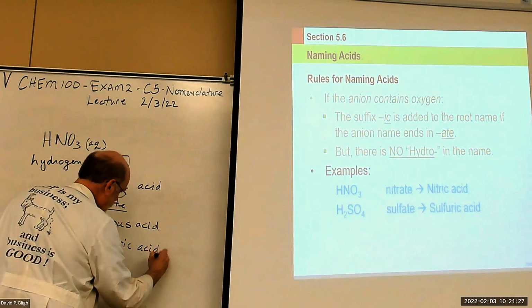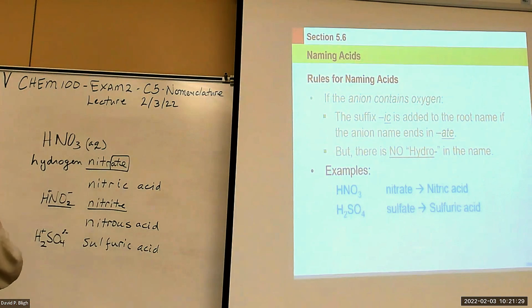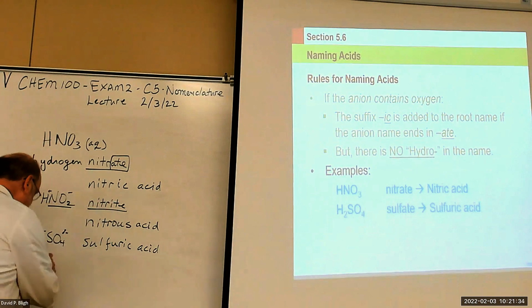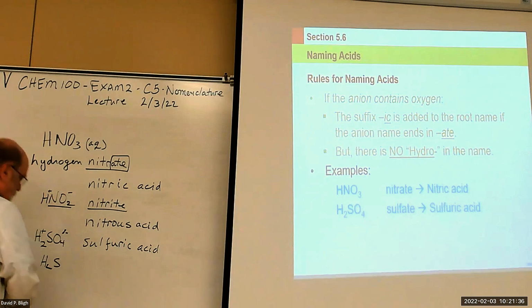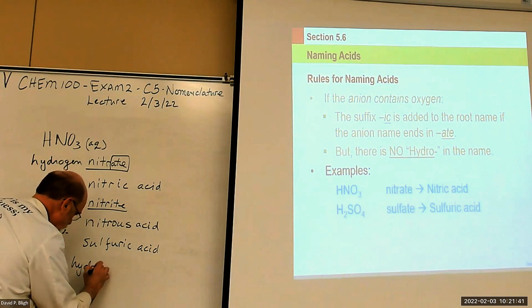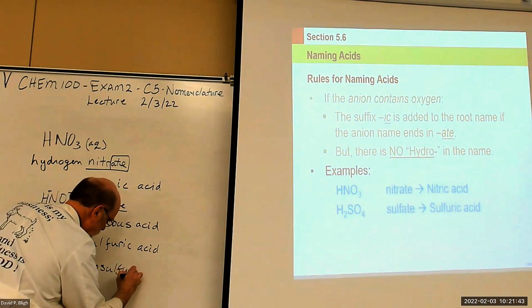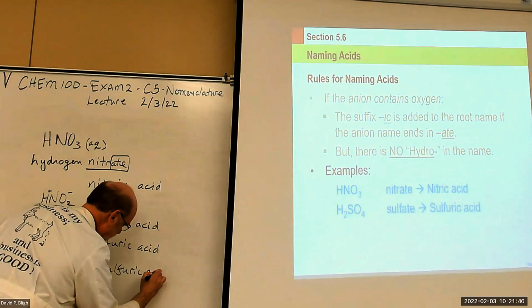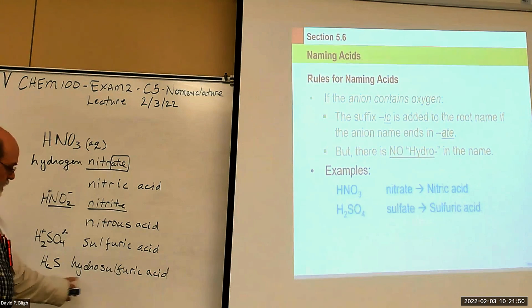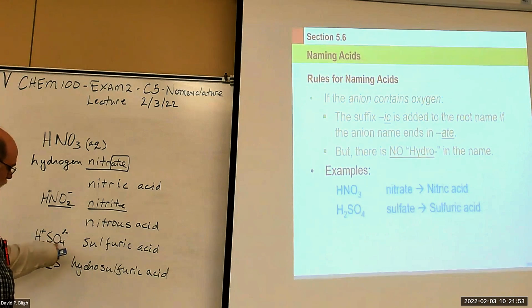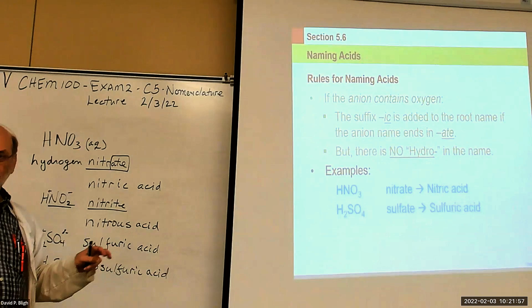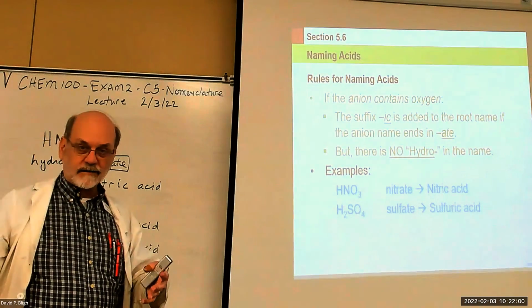Sulfuric acid is that one. Notice the difference between this one and this one. This one is hydrosulfuric. Okay. Simply because it has no oxygen. We started with hydro. This one has oxygen. We take this part of the molecule and ate becomes ic.